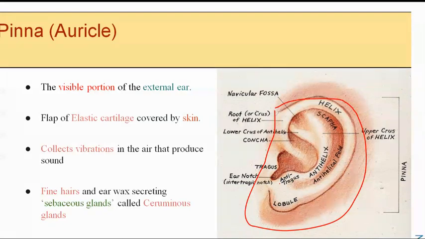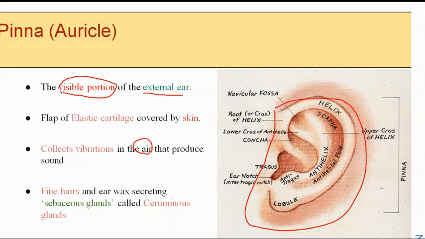The function of this is to collect the vibrations that are produced, and the medium here is air. Through this air medium, the vibrations are collected by this visible portion of the external ear, and these are sent into the inner parts of the ear.